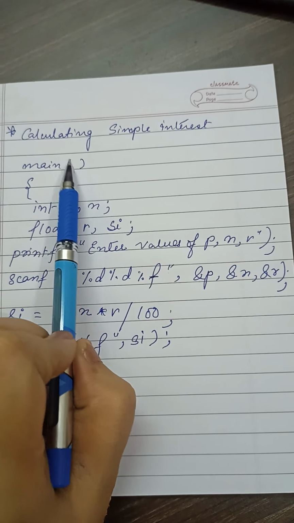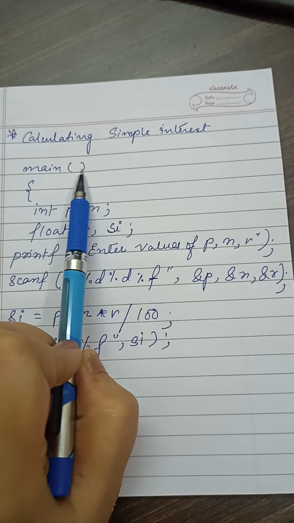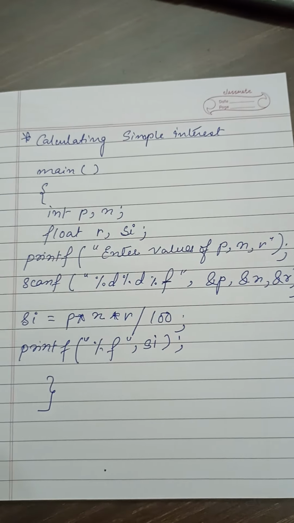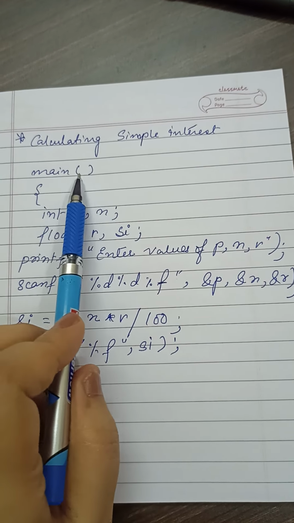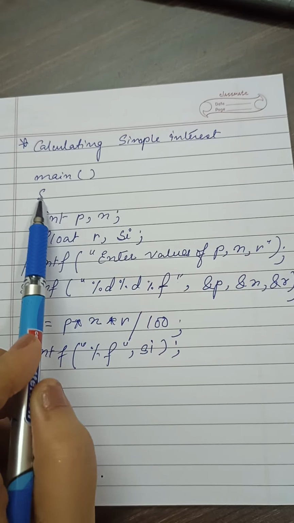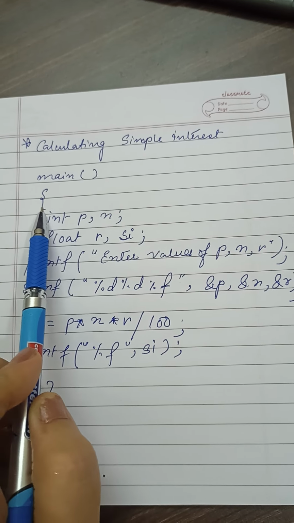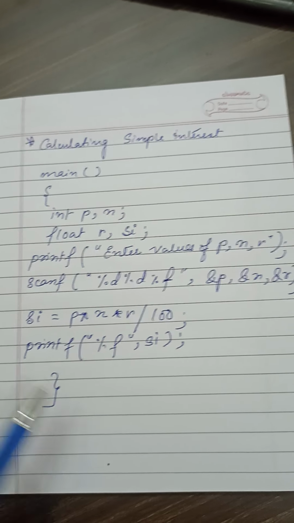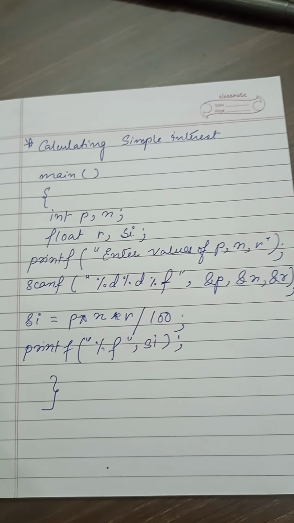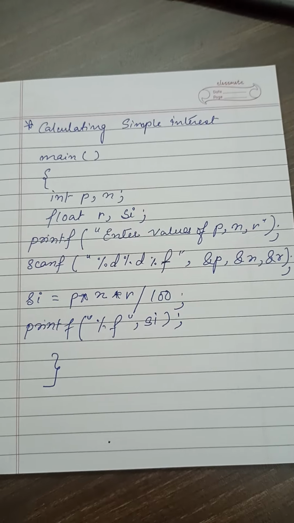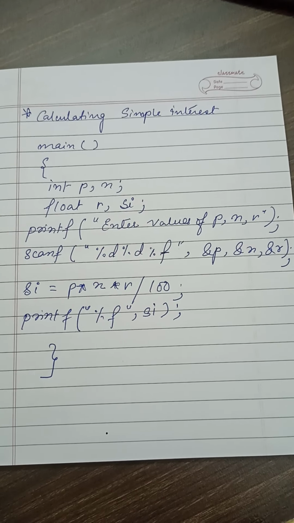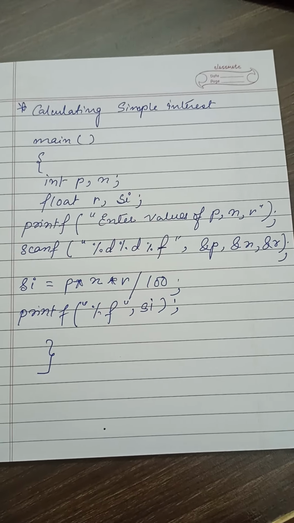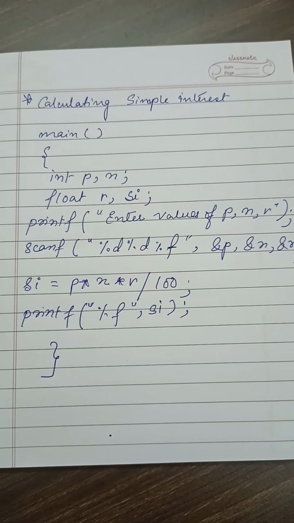If we need to pass any parameter to the function, we declare it inside this parenthesis. This is the opening of the body of the function, and this is the closing of the function. Inside the body of the function, the things that are needed to be done are written.